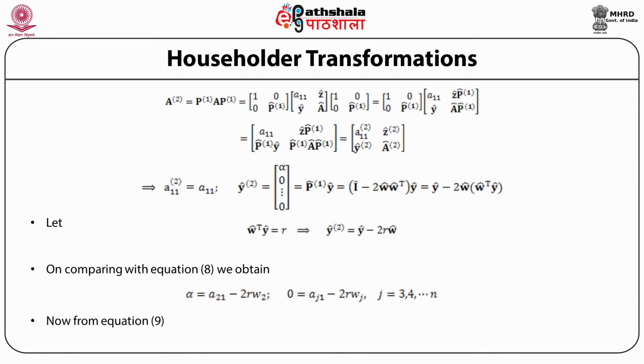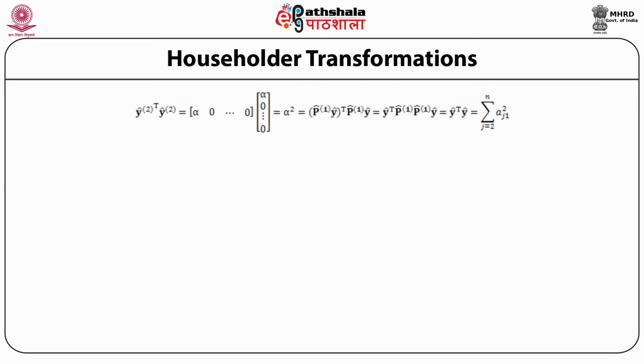Now from equation 9, Y-hat^(2) transpose Y-hat^(2) equals (alpha, 0, ..., 0) transpose into (alpha, 0, ..., 0), which equals alpha square, which is further equal to (P-hat^(1) Y-hat) transpose into P-hat^(1) Y-hat equals Y-hat transpose P-hat^(1) P-hat^(1) Y-hat, which is further equal to Y-hat transpose Y-hat equals summation j equals 2 to n of aj1^2.